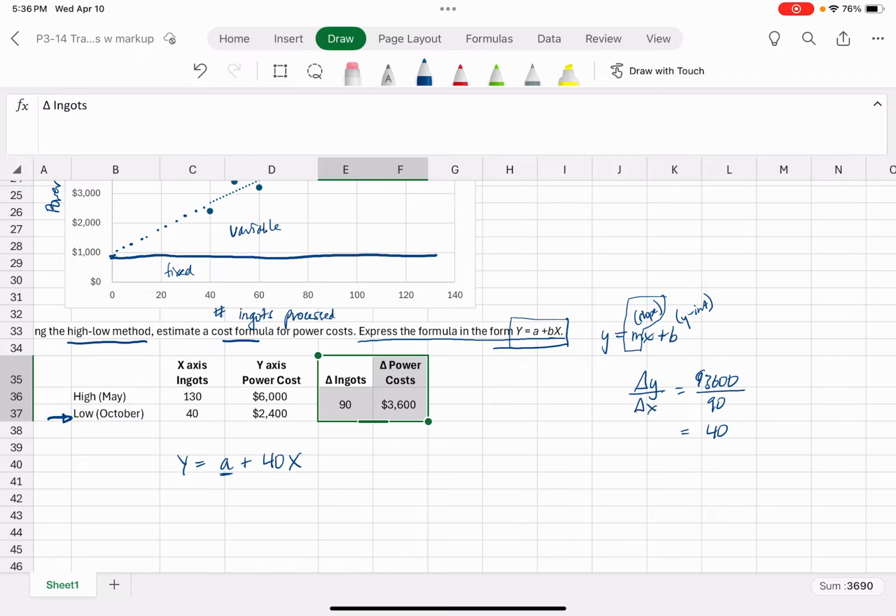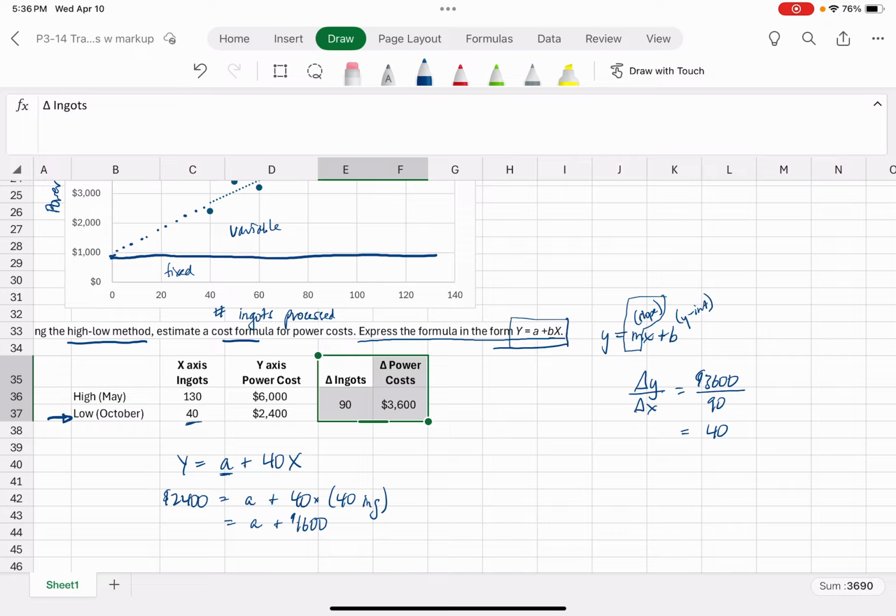Our y value is $2,400. $2,400 equals a plus $40 per ingot processed. Essentially, that's what the 40 is, times x, which is 40 ingots. 2,400 equals a plus 40 times 40 is 1,600.